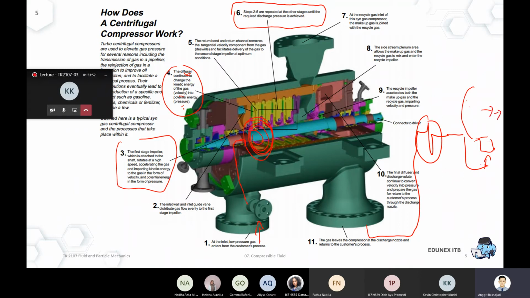So again, the important parts that you have to be aware of are the inlet, and then the impeller where it rotates, and then the diffuser to convert from high velocity, high kinetic energy to pressure. So that's the intercooler.